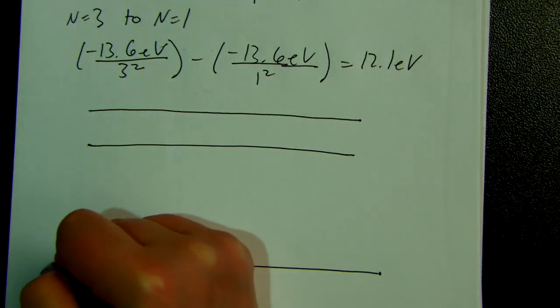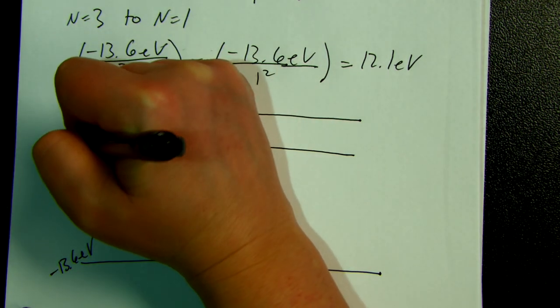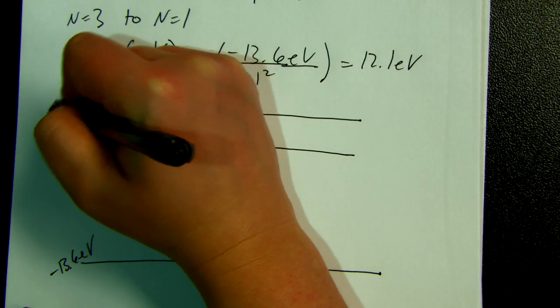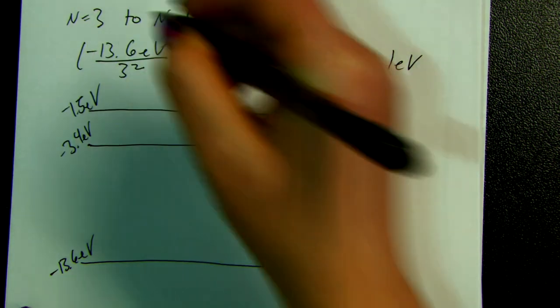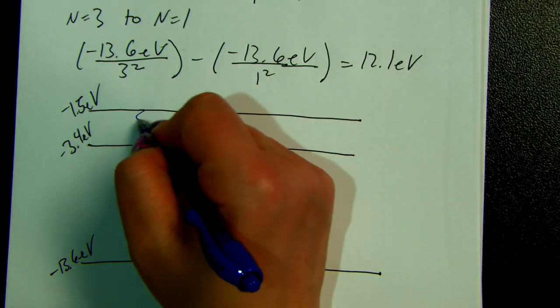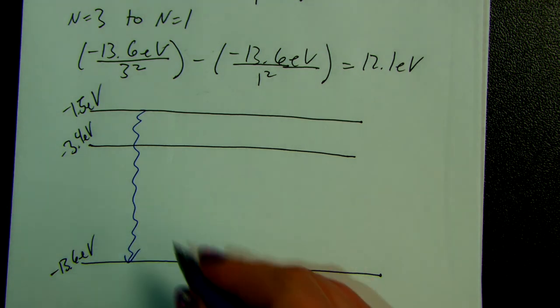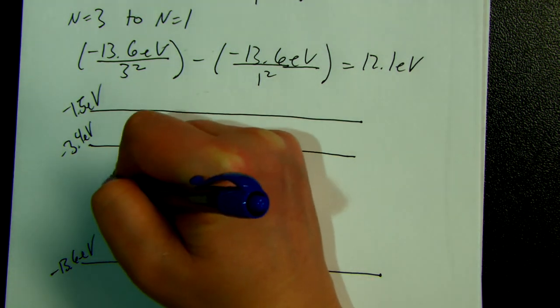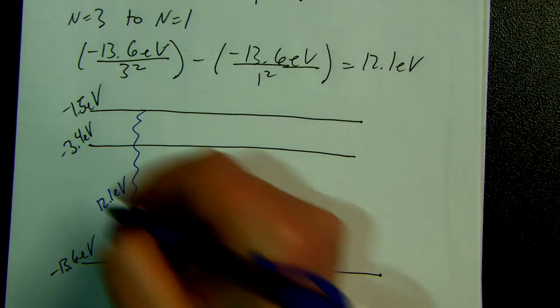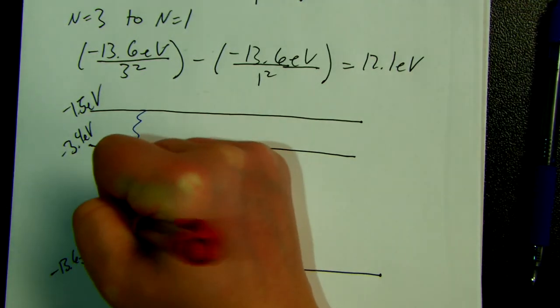So here's minus 13.6 EV here, minus 3.4 EV, minus 1.5 EV. So we could go directly from here all the way down to here. This would be via that 12.1 EV emission. So this would be a 3 to 1.